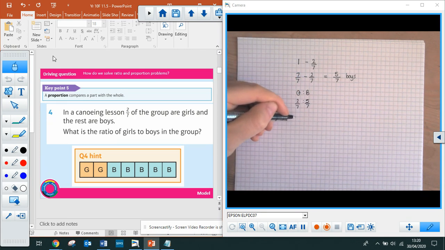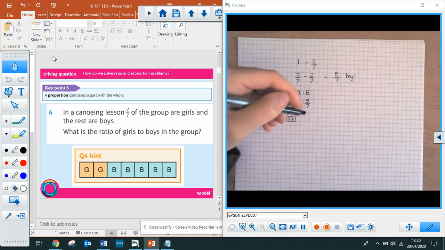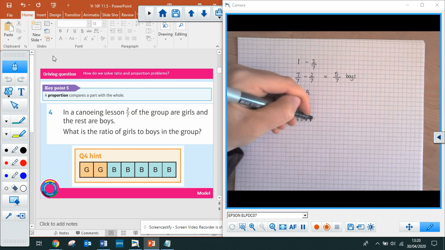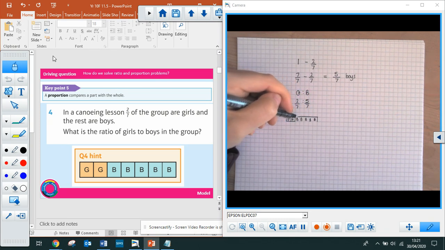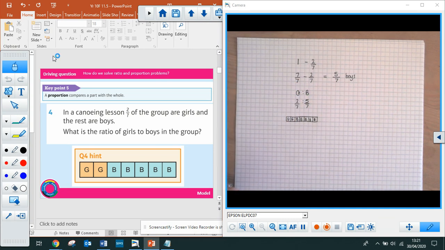So they've represented that with a bar model, 2 parts girls and 5 parts are boys, okay? And that then would help you, if you like it this way, it helps you then to make it into the fraction. Okay, because there's 5 out of 7 parts in total.